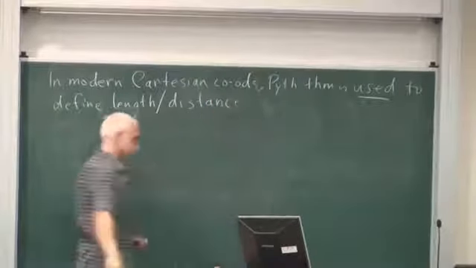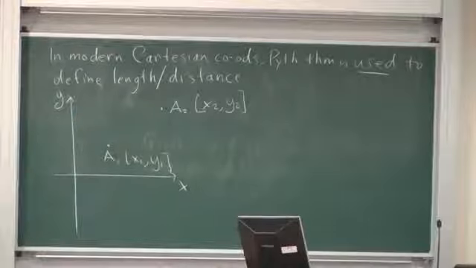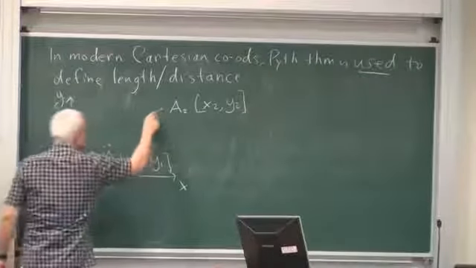And how does that go? Well, in ordinary x and y coordinates, if we have 2 points, say A1 with coordinates x1, y1, and A2 with coordinates x2, y2, then if we're interested in the length or the distance between them, what we do is we think about a little right triangle parallel to the coordinate axes.